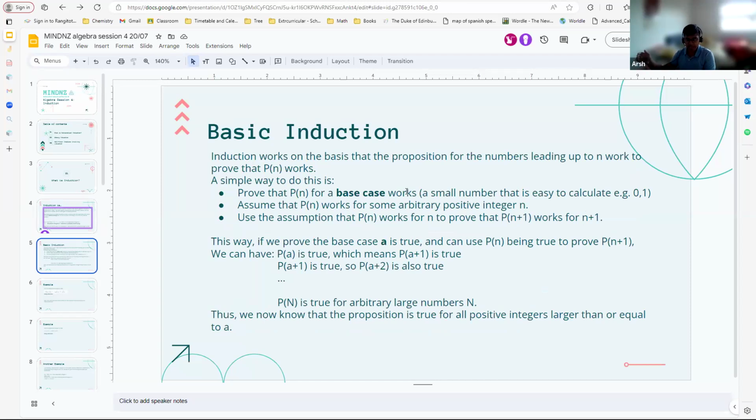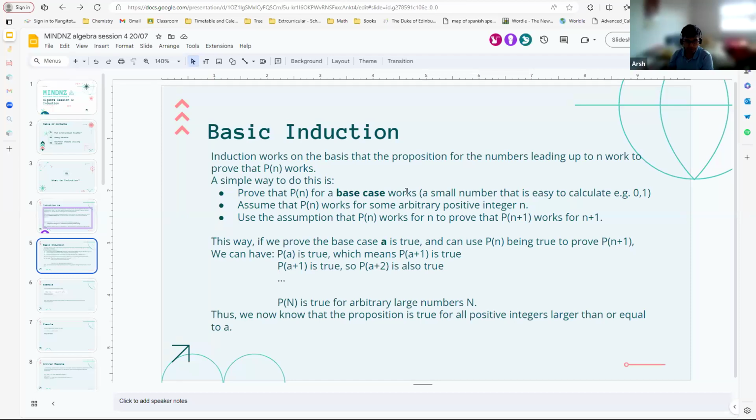A simple way to do this is to prove the proposition for a base case, a very small number for which you can easily check that the statement is true, and then assume that the proposition works up to some arbitrary positive integer n, and use that assumption to prove that Pn plus 1 works for n plus 1.